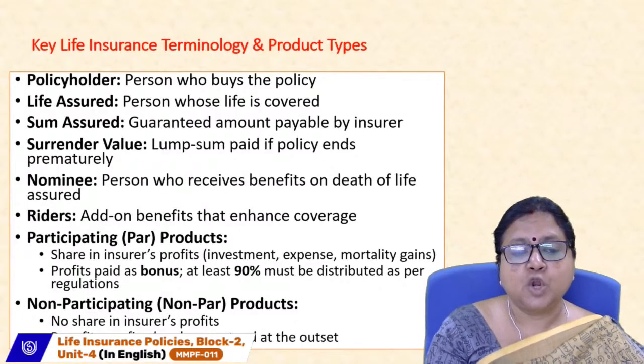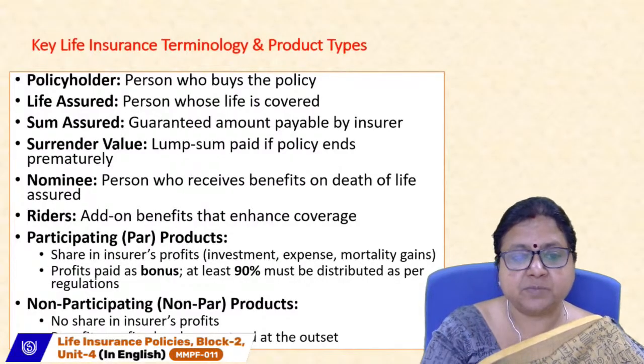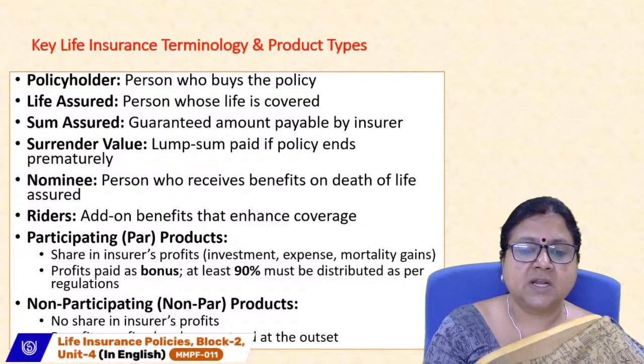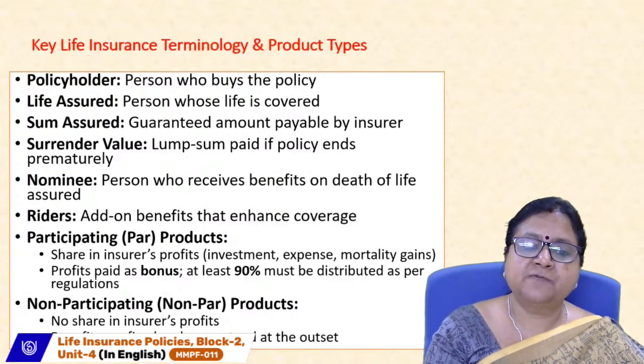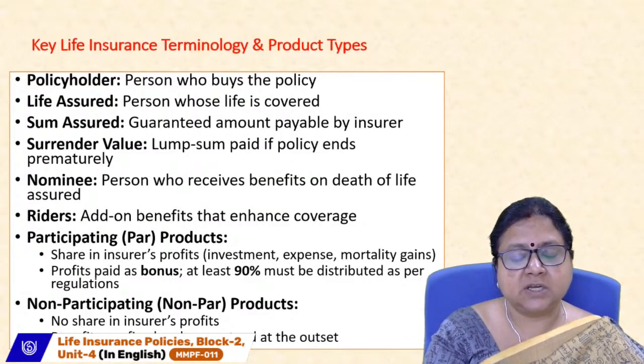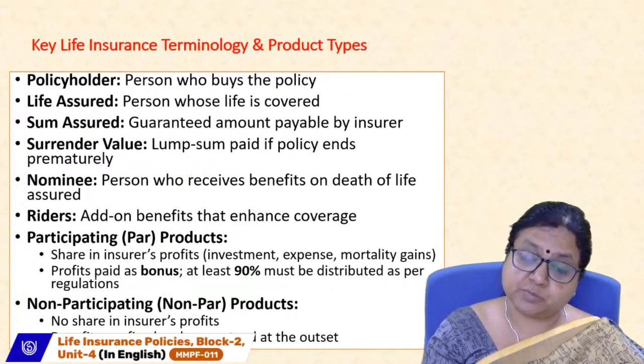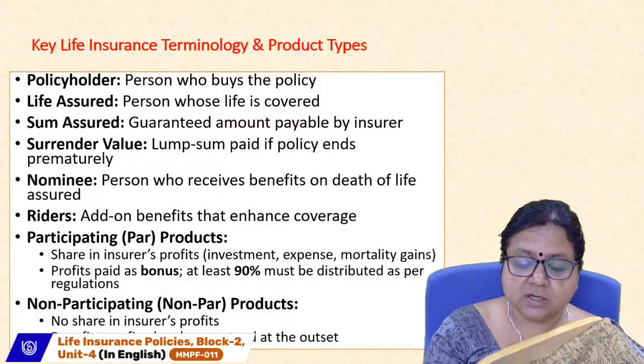But in case of participating products, the sum assured is not fixed. If the insurance company is getting a profit, that will be distributed. If profits are more, then you get more amount.